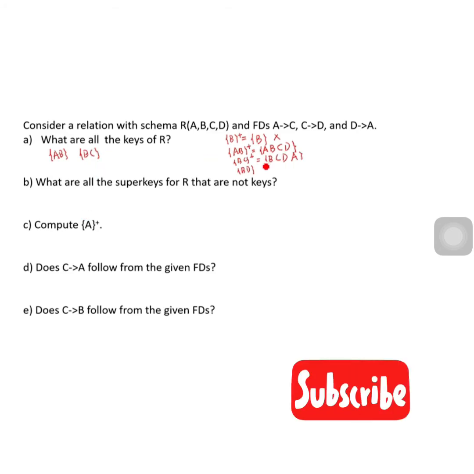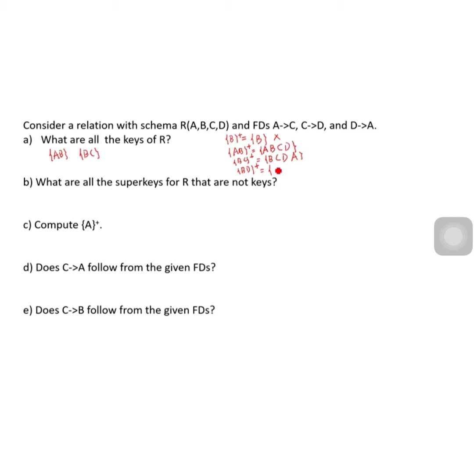And now the closure of BD. The basis is BD. D functionally determines A, so A is added. A functionally determines C, so C is added. A, B, C, D, all the attributes.